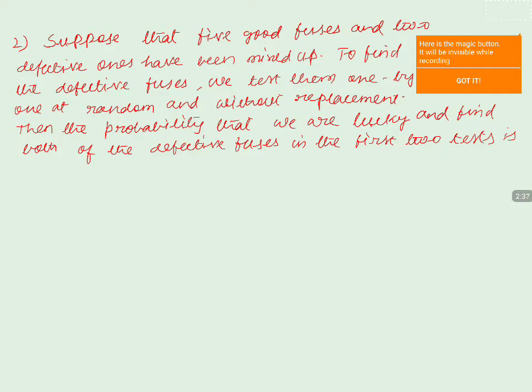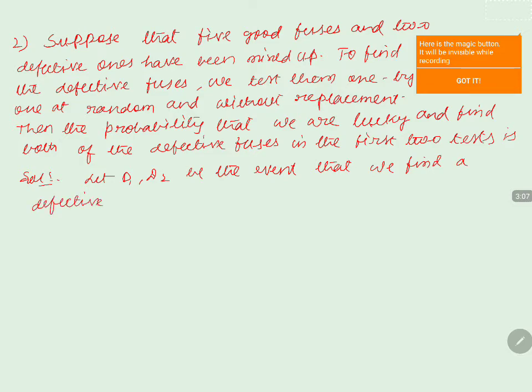So this one can be solved by taking let D1, D2 respectively be the event that we find a defective fuse in the first respective test, that is, the first as well as the second test.